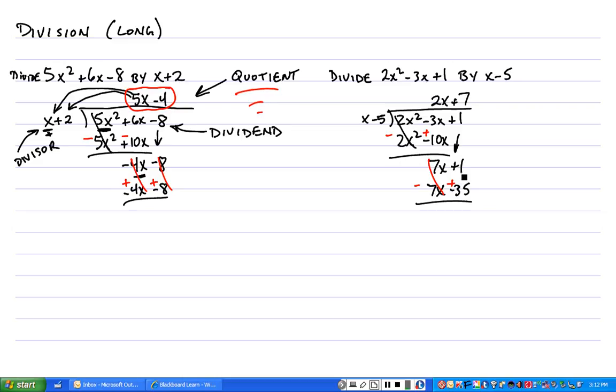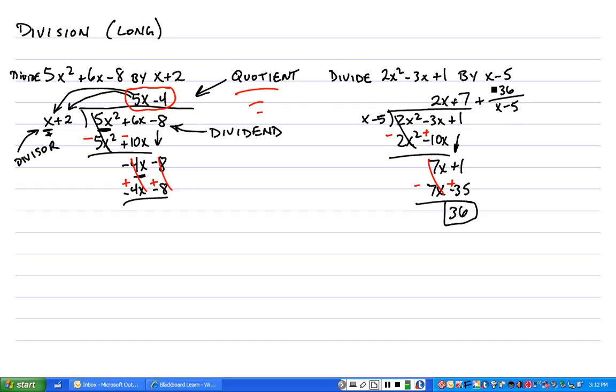And this right here is a 1 plus 35, which gives me a 36. Now I've filled up all of the spaces of my dividend. There aren't any more spaces to the right. So this 36 is a remainder. The way we write remainders, or the proper form that they wish for you to write remainders, since it's a positive 36, you say plus 36 over the divisor, which is your x minus 5.